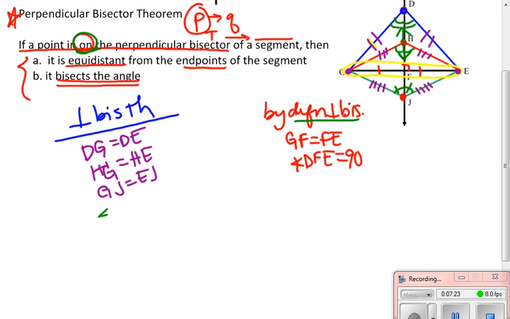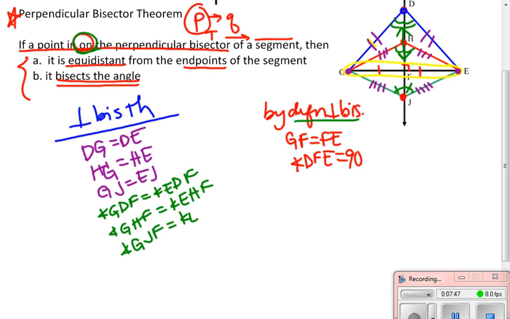I'll just do a couple. Angle GDF would be equal to angle EDF. If we go down to H in the red, angle GHF is equal to angle EHF. And the upside down one, angle GJF, would be equal to angle EJF.